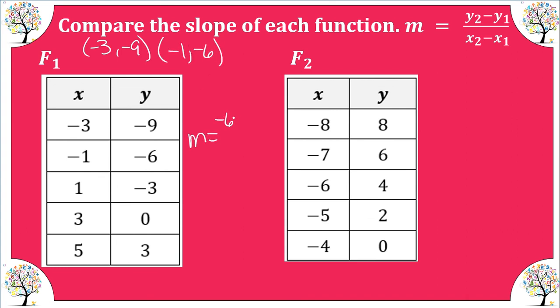Change of the y's over the change of the x's. Keep, change, keep, change. Slope for function 1 is going to be 3 over 2. And then we have function 2.